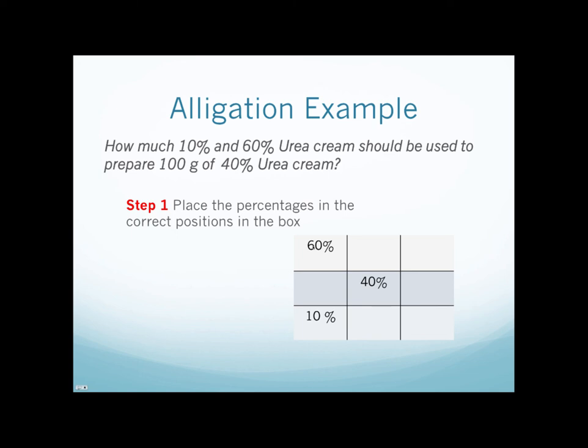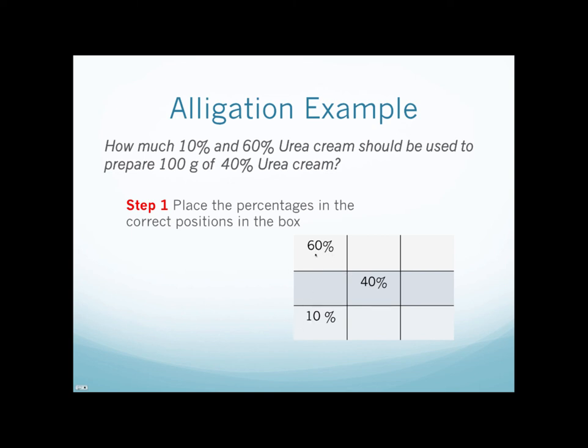In the top left-hand corner, I'm going to put the more concentrated strength I have available to me, and in the bottom left-hand corner, the percent strength that's less concentrated. You'll notice that 40 is what I'm shooting for, 60 is greater than 40, and 10 is less than 40.